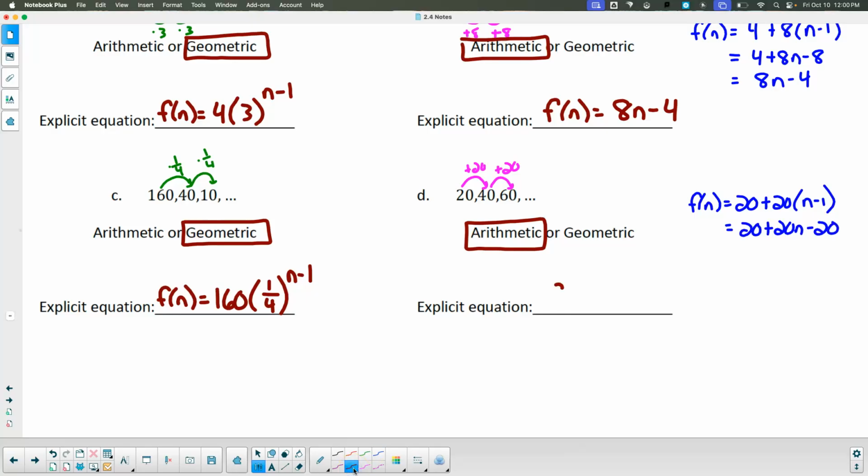So f of n here is just 20n. Much cleaner if we do math in our equations. Good stuff.